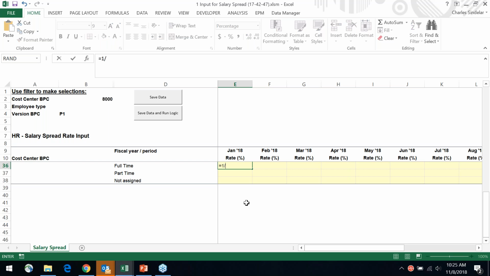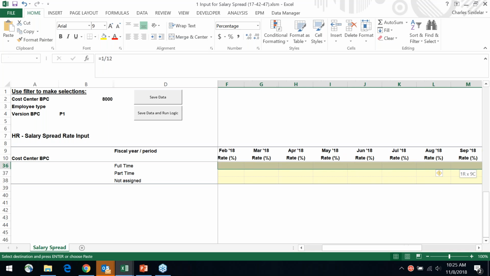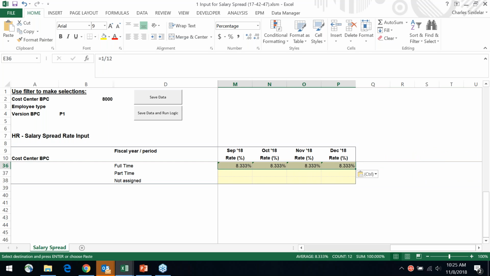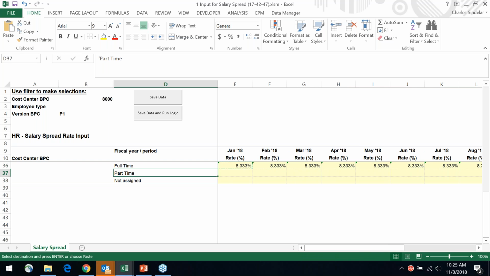Let's say for the full-time employees, we're basically going to give it to them flat, right? It's going to be 1/12 for every month. For part-time, it could be a different rate.